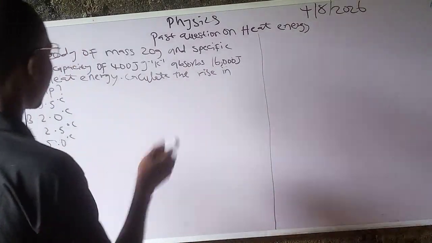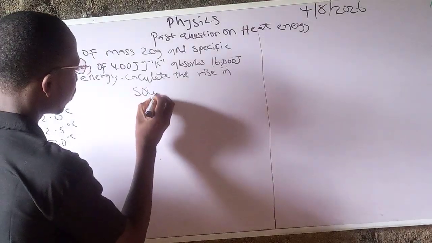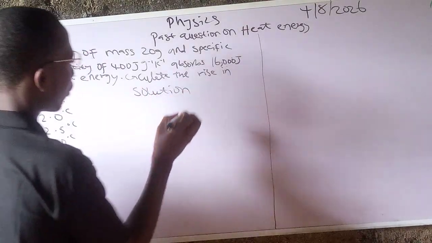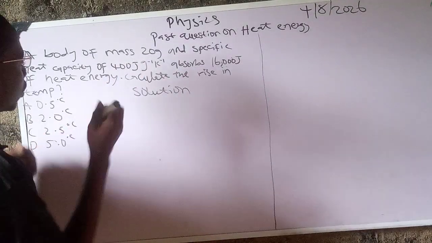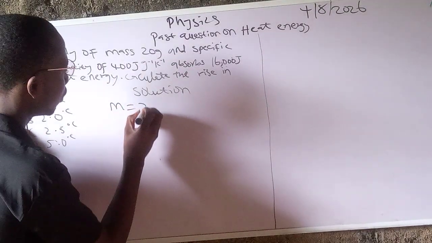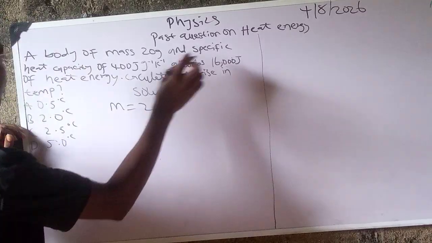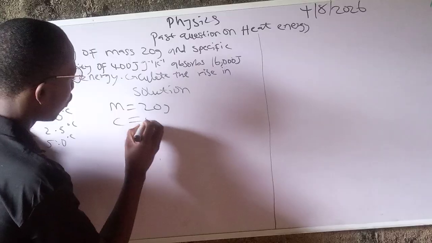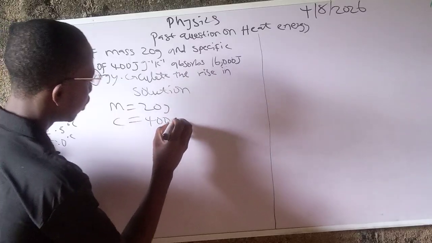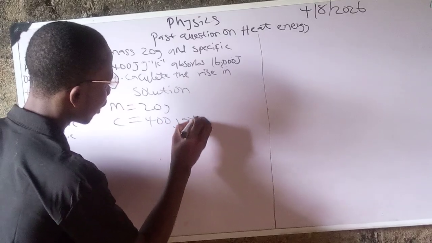So solution, I'm going to list all my parameters. So my mass, which is m, is 20 gram. Then my specific capacity, which I will bring as C, is 400 joule.